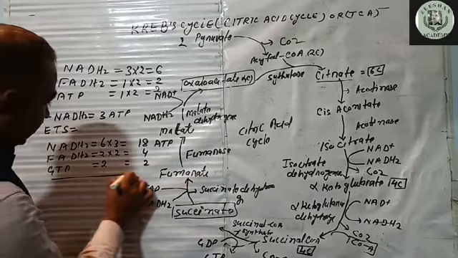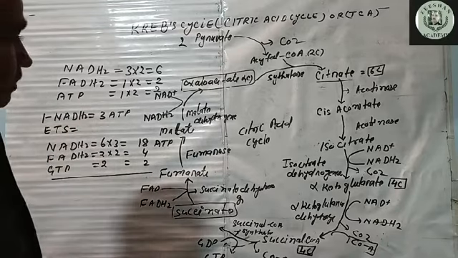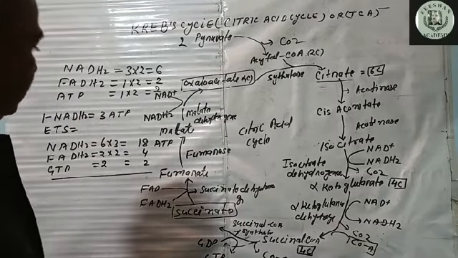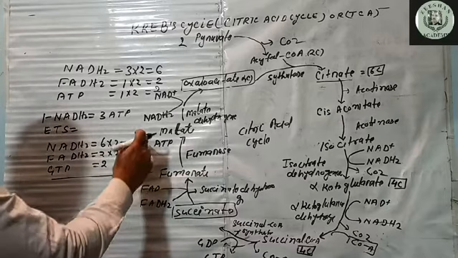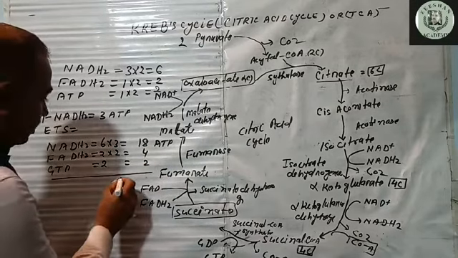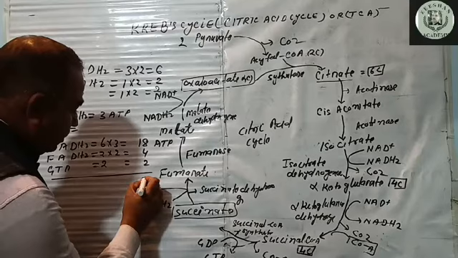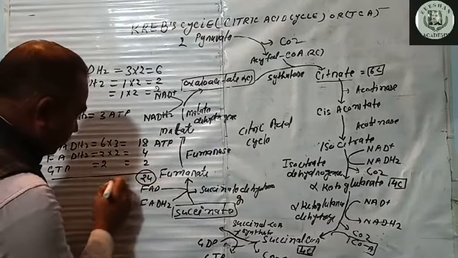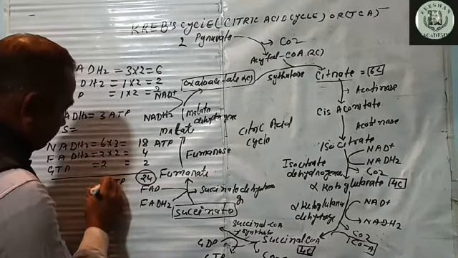So we can say that with the help of the citric acid cycle, the total number of ATP produced is 24 ATP.